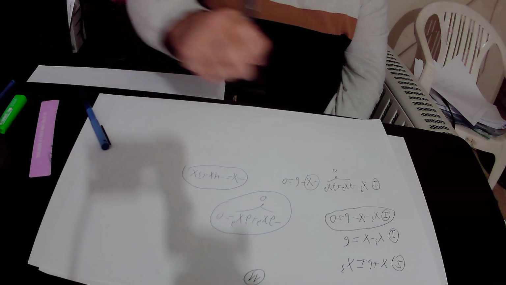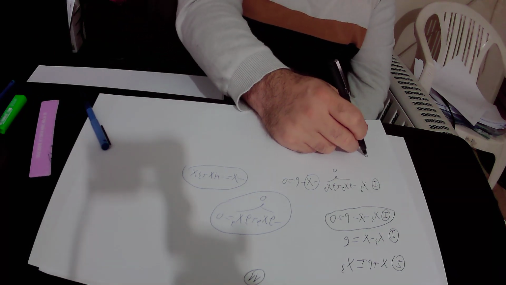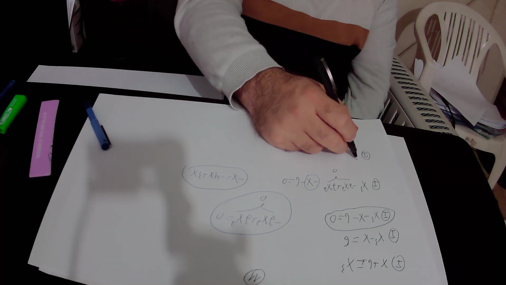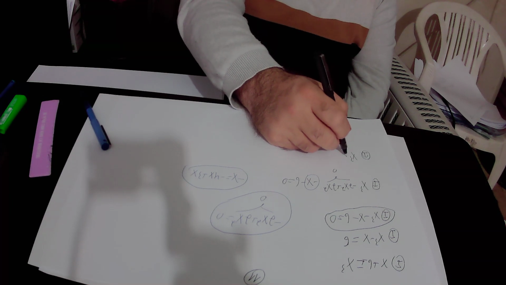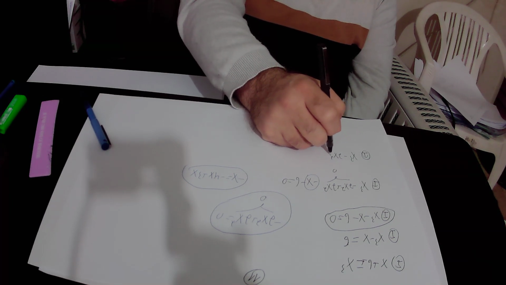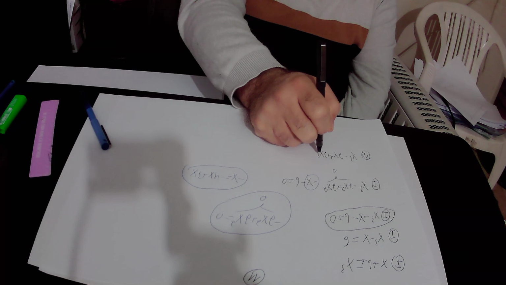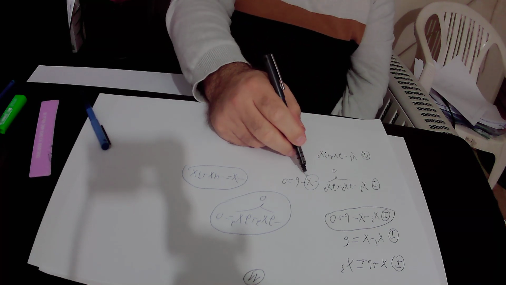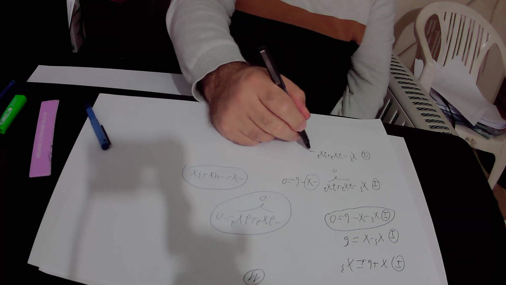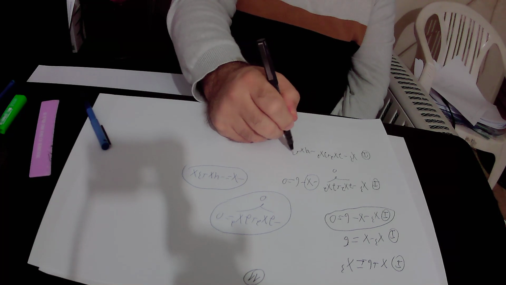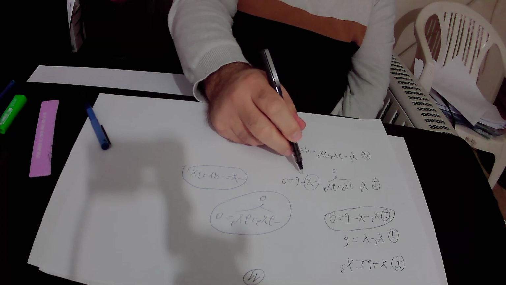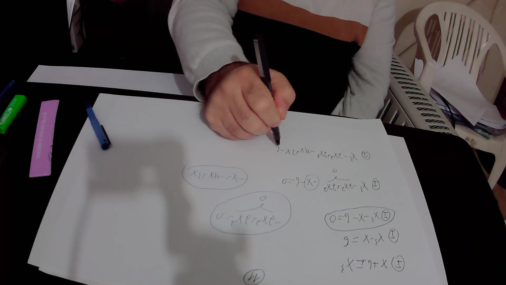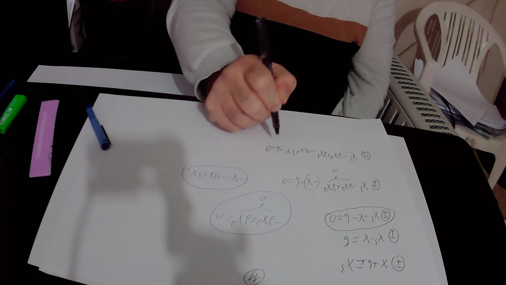So we'll do it now. x cubed minus 2x squared plus 2x squared, and instead of minus x we write down minus 4x plus 3x, that equals minus x. Minus 6 equals 0.